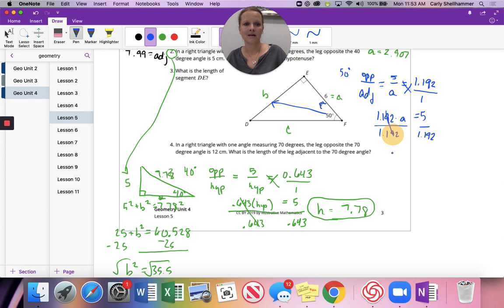I get A equals 5 divided by 1.192. 4.195. Opposite over adjacent.